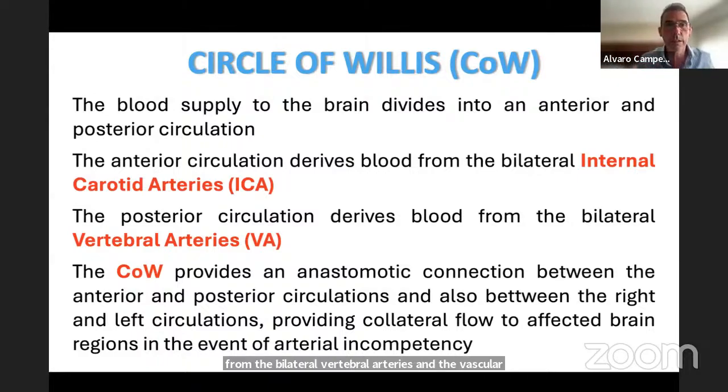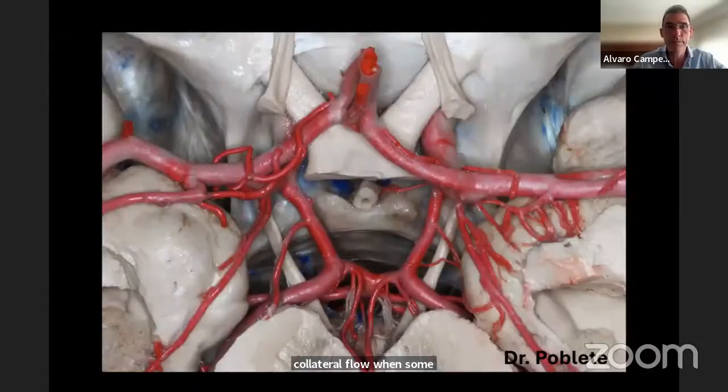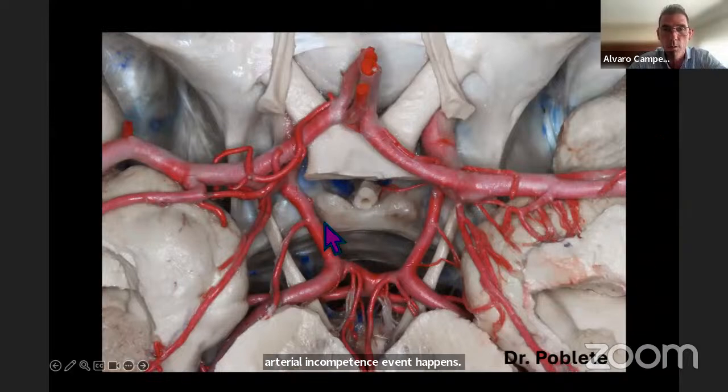So the circle of Willis provides an anastomotic connection between the anterior and posterior circulation thanks to the PCOM artery, and between the right and left circulation thanks to the ACom artery, providing collateral flow when some arterial incompetence event happens.